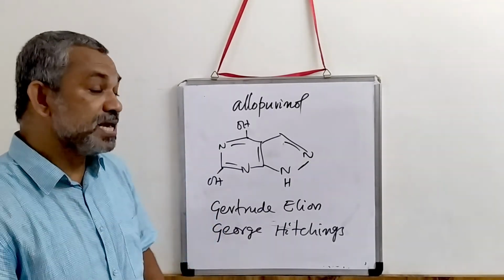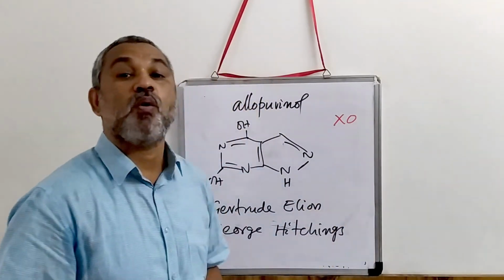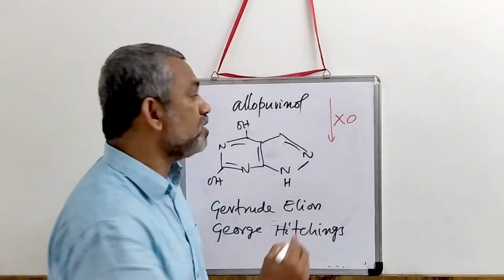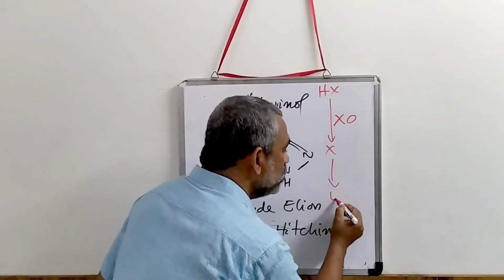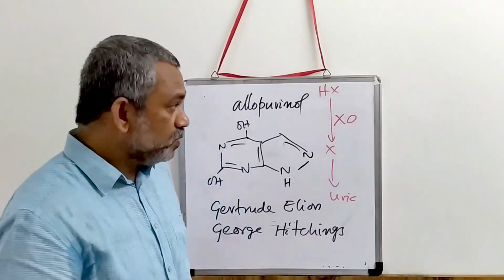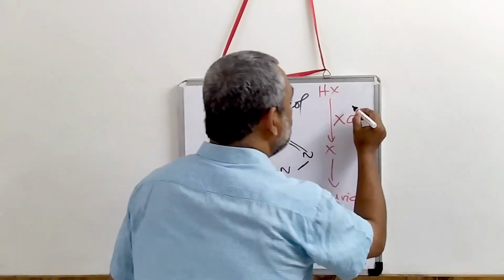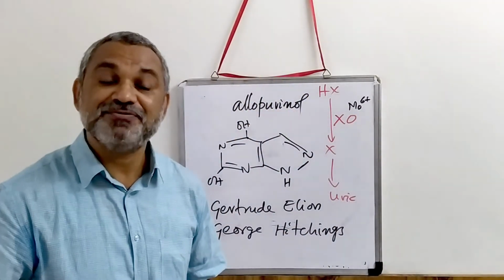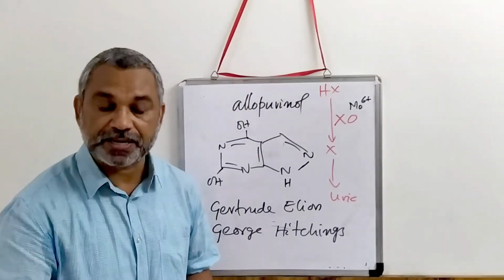What is important is, remember in the beginning we spoke about an enzyme called xanthine oxidase. This xanthine oxidase is required for converting hypoxanthine to xanthine to uric acid. Xanthine oxidase requires molybdenum 6+ for activity.